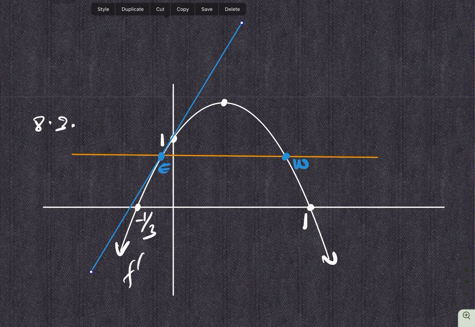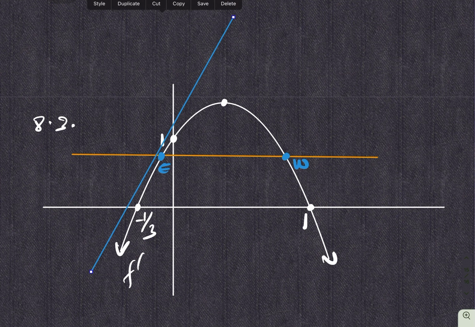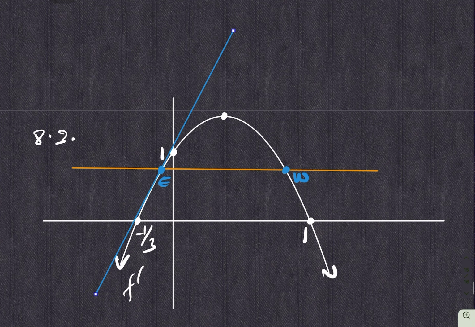I hope it's a tangent line, but it must really behave carefully, guys. It must touch at one point only, which is at E. And there's another tangent at W. So let me draw the tangent there.